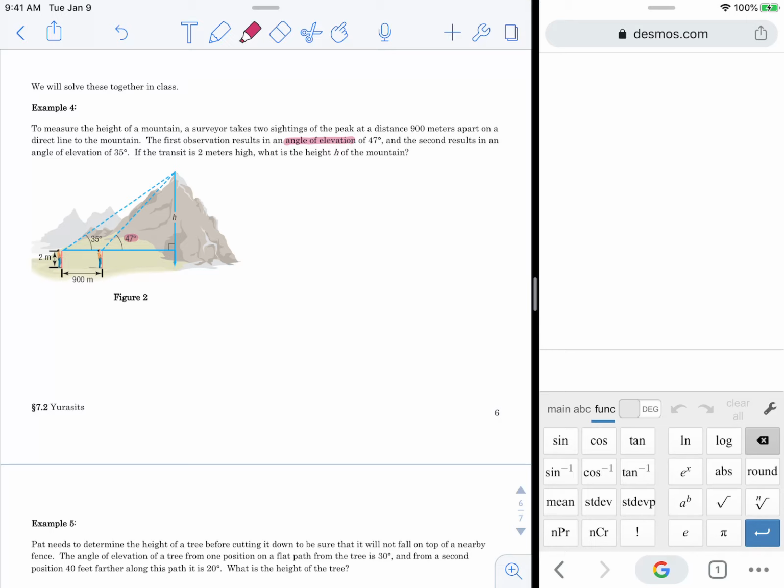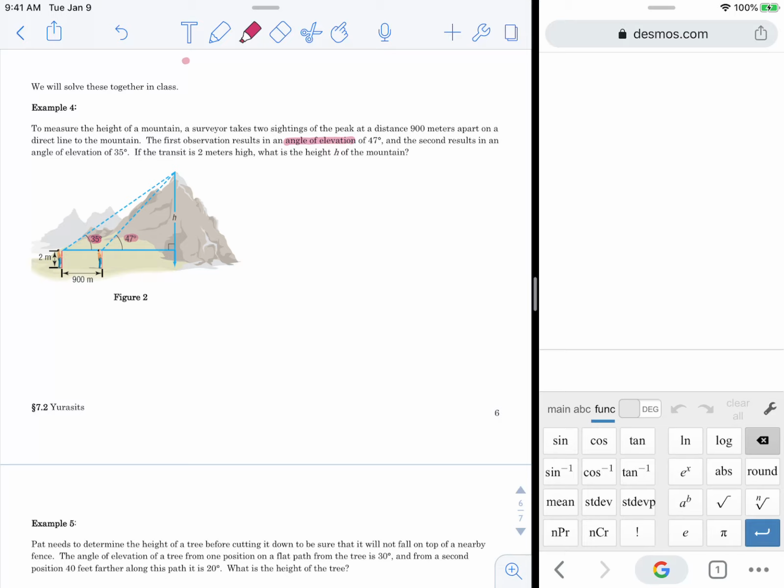And then the surveyor walks 900 meters away and marks another sighting, and that's at 35 degrees of angle of elevation. My transit, the person, is also 2 meters high, which is given in the diagram as well. So we want to know the height of the mountain.